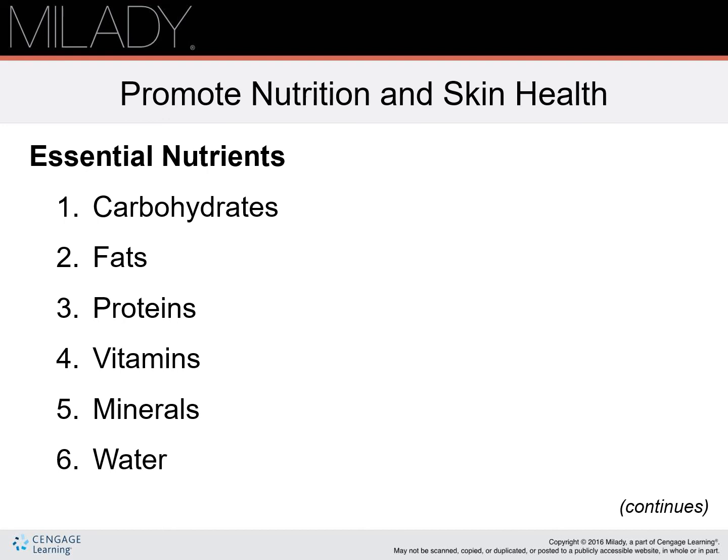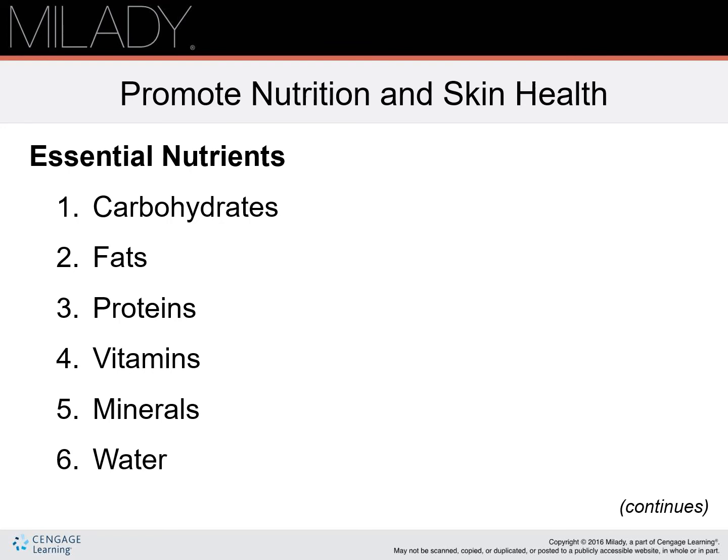Proteins. Proteins are important for building muscle and blood tissue and for cell repair and replacement. Vitamins. Vitamins are required for many body functions to occur. Minerals. Minerals are used by cells to produce important biochemicals that have many body functions.